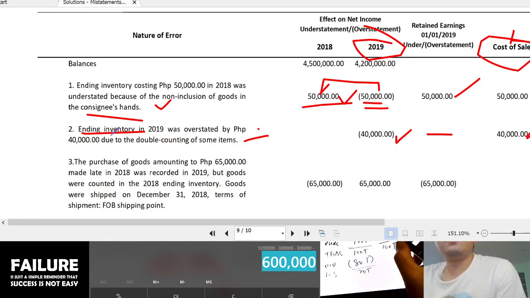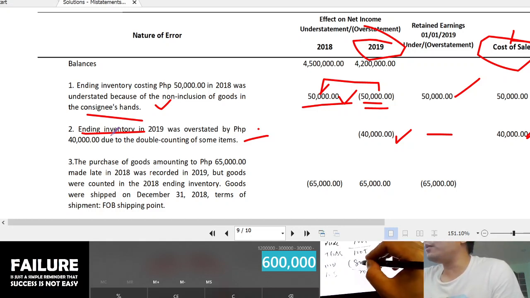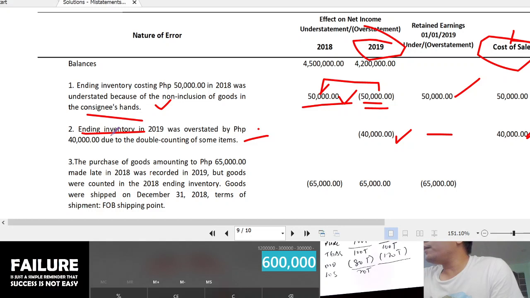Assuming overstated daw, pag overstated, magiging 120,000 na to, di ba? So, the effect is, if this is the case, we have a negative cost of sales. Now, this is for discussion sake only ha, para mapakita lang natin yung effect. Walang negative na cost of sales.